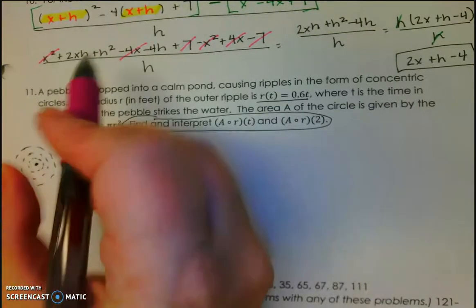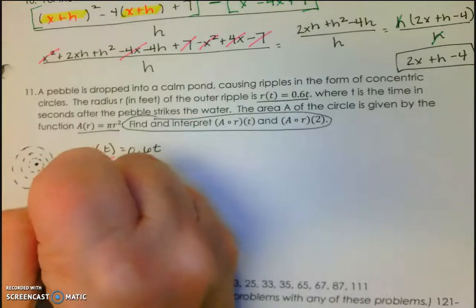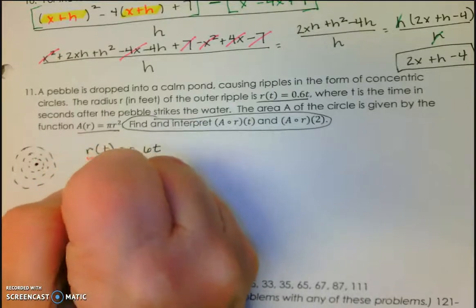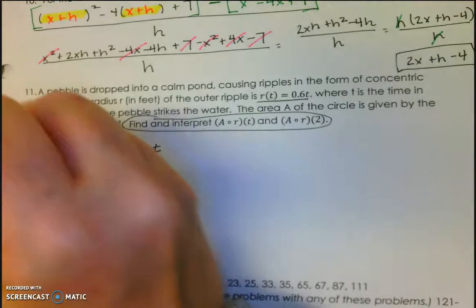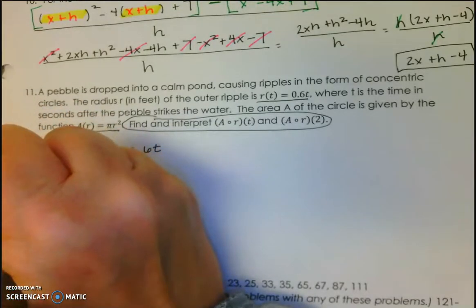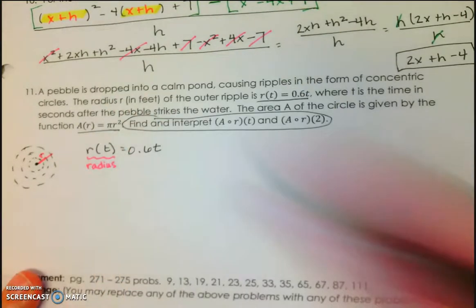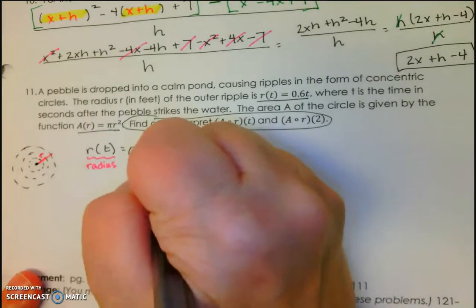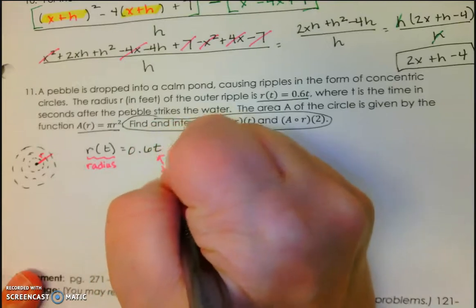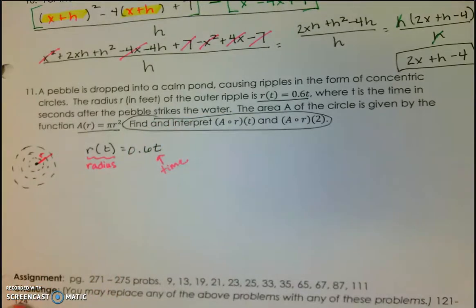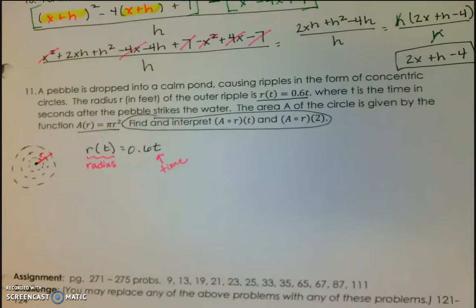R of t is the radius of the circle at any given point in time. So from here or here or here, that's your radius. T is the time. It's the time after you drop the rock in the water.